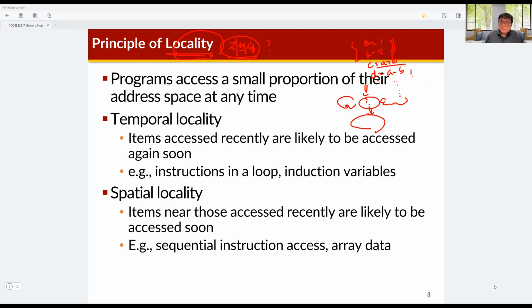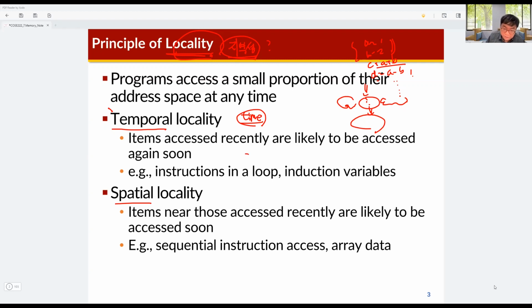So there are two kinds of locality, temporal locality and spatial locality. If we just see this word temporal, temporal means the time. So temporal locality means that if a certain data is accessed by a processor, then the same data will be re-accessed.